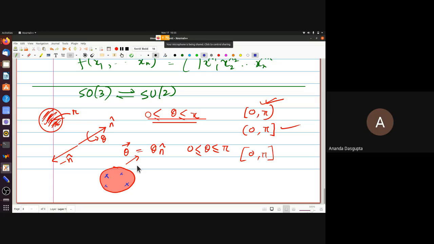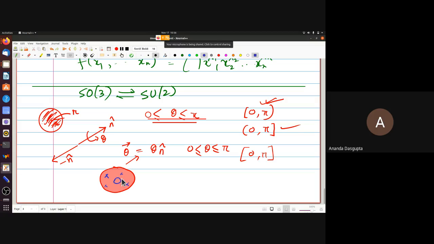Okay, and this actually leads to one very important difference. Each point in this space, of course, corresponds to a particular rotation. So if I have a loop in this space, what does it really mean? It means that you're starting from a given rotation.